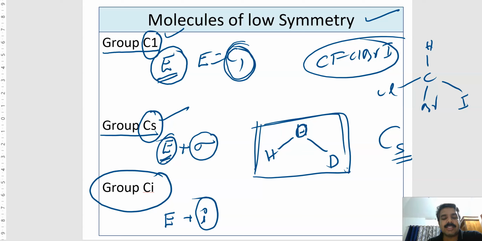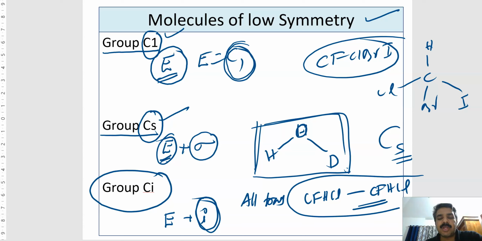One example is all-trans CFHCl. This type of molecule belongs to group Ci. I'm not going to draw the structure of this molecule. If you draw the structure, you can see that it has only an inversion center. No other symmetry elements will be present.